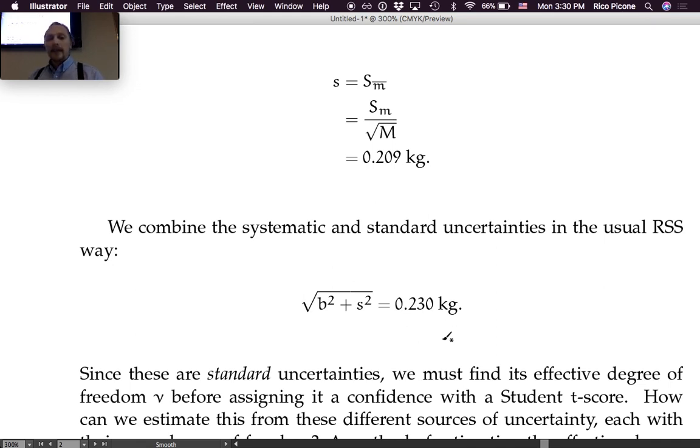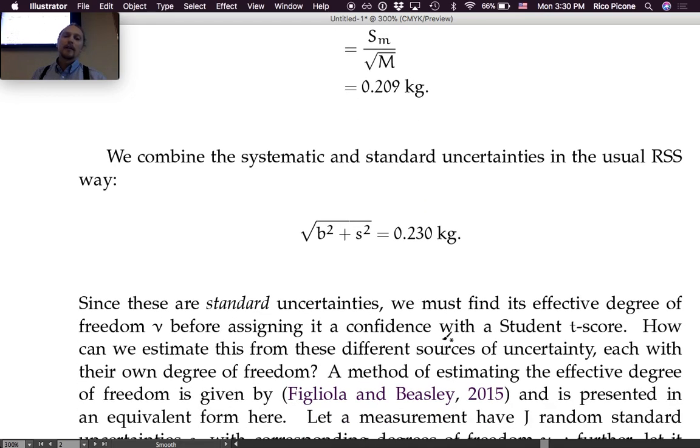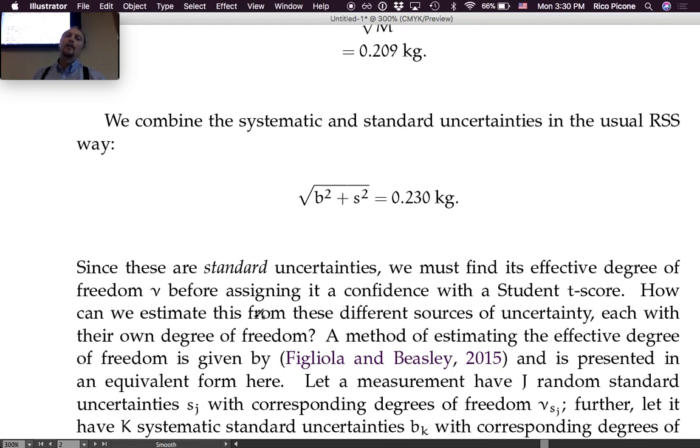Since these are standard uncertainties, we must find the effective degrees of freedom nu before assigning a confidence with a Student t-score, right? So these are the one standard deviation ones. How can we estimate this from these different sources of uncertainty, each of which has its own degrees of freedom? Because one had 23, one had 10, and some had infinite.